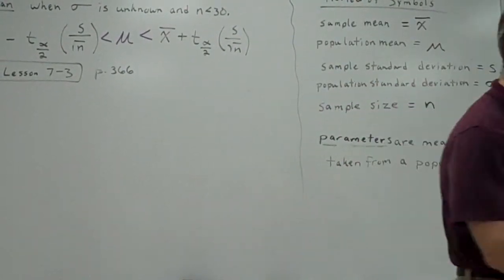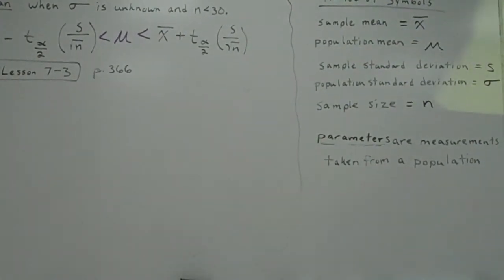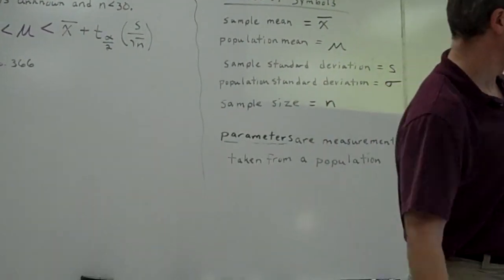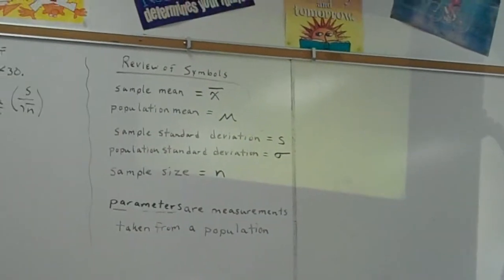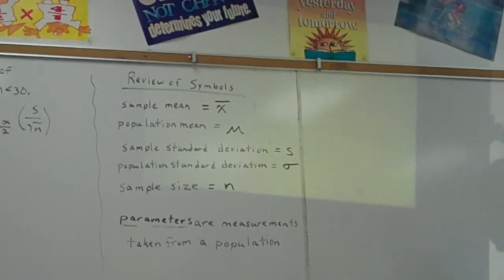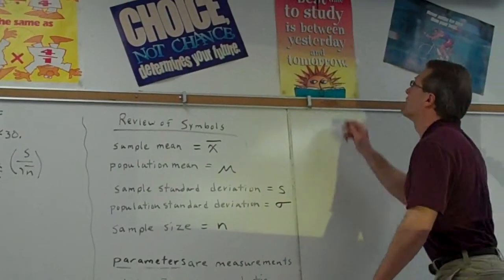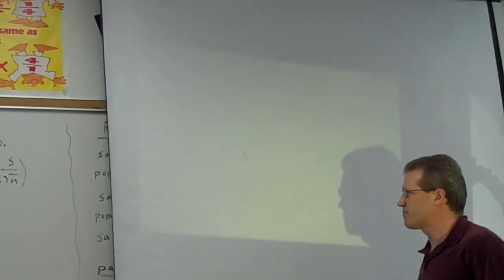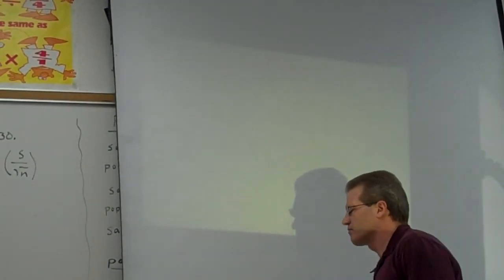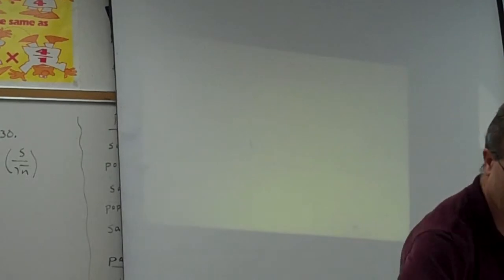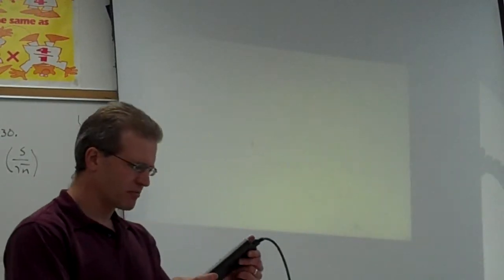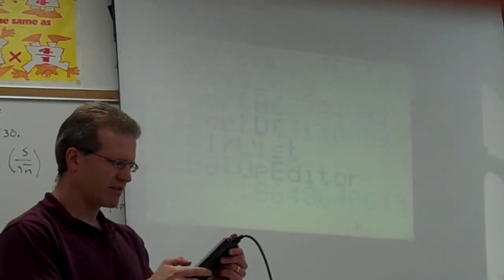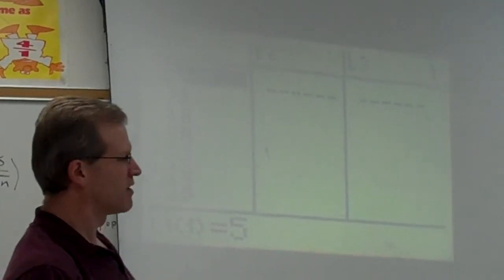Okay, and I'm going to go ahead and full screen now. I've already got the numbers in here, so you can just watch. You don't have to put them in right now with me. But just a quick reminder, to put your numbers in, you push stat and then enter, and you go to your list.